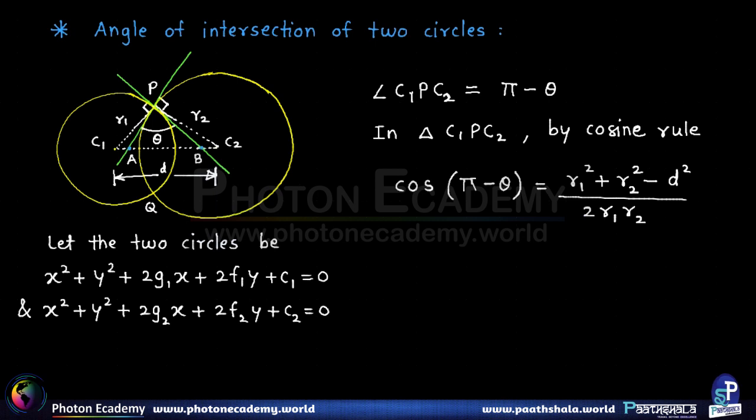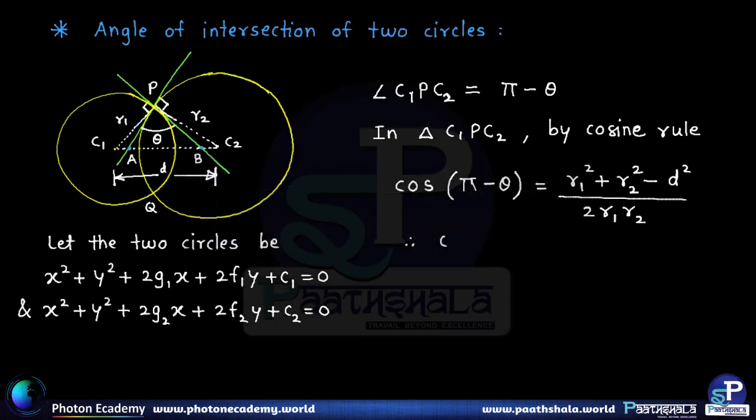Now we know that cos of pi minus theta is minus cos theta. So therefore if we want to consider an acute angle, we will not write the minus sign and we will consider the absolute value of the expression on the right hand side.